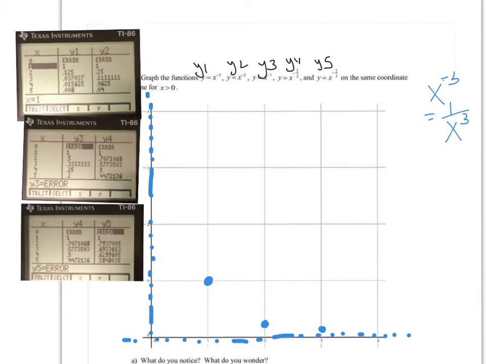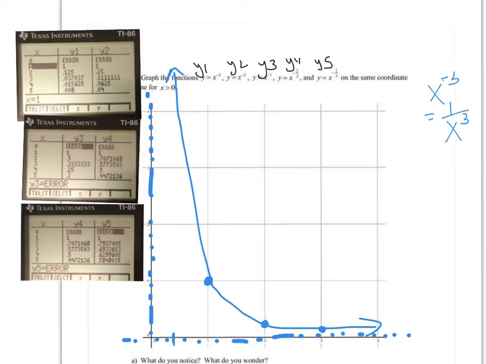That's 8. So at 1/2, we go all the way up. Here's 1/2, up here at 8, so it's way off the screen. That increases fast there.